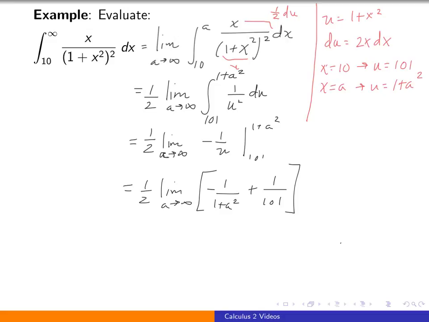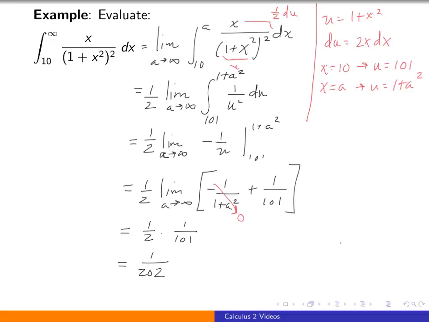And now we are in the ideal position to evaluate the limit. As a goes to infinity, the 1 plus a squared in the denominator is going to be getting large. So 1 divided by something going to infinity means that this first term goes to 0. And because the limit of a constant is that constant, we're left with 1/2 times 1 over 101, which is 1 over 202.